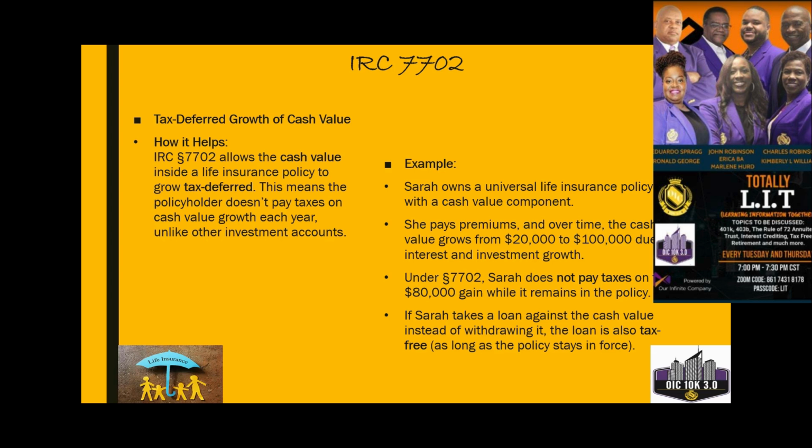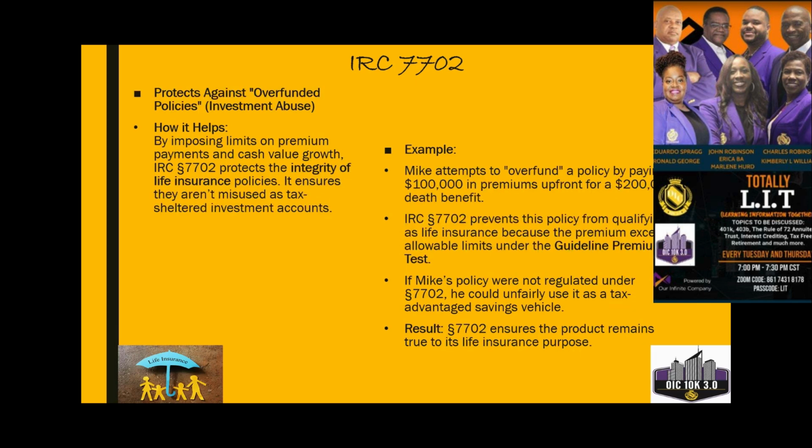So this is an account that you definitely want to partner with someone, with an agent or a retirement specialist, to guide you to make sure that you are in line with meeting your financial goals. Well, under Code 7702, Sarah does not pay taxes on the 80,000 gain while it remains in the policy, and she continues to enjoy that tax deferred growth, and it's tax free.